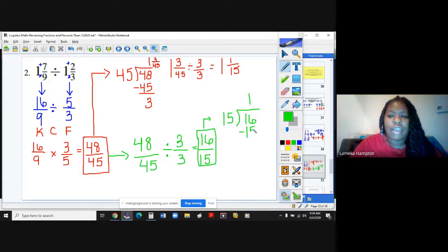I'm going to subtract my 15 from 16, and it gives me 1 as my leftover or my remainder. So my answer is now 1 and 1/15.